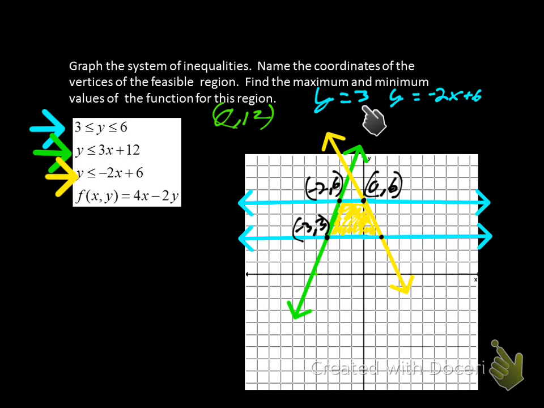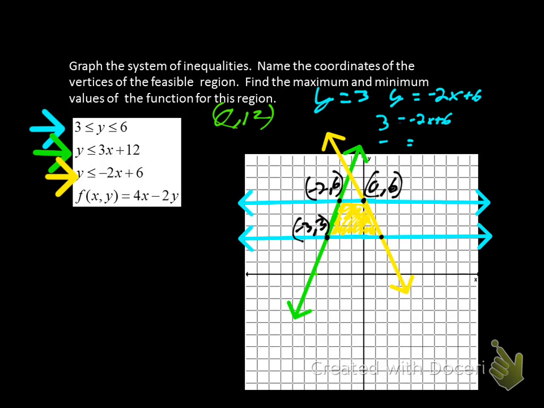So substitute 3 in for that y. And be sure. Don't guess. So you go 3 equals -2x plus 6, which means minus 6. Oh, -3. Yeah, my bad.